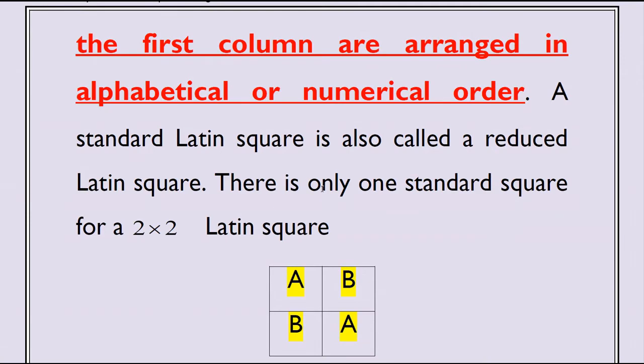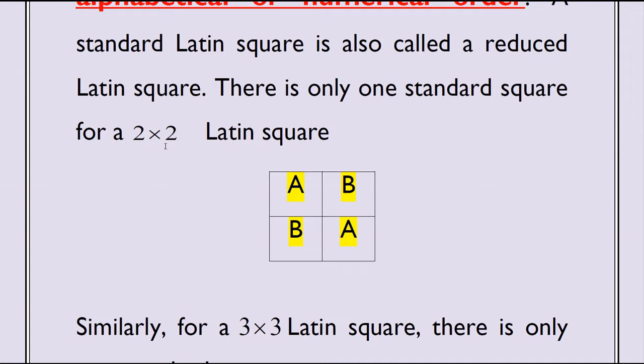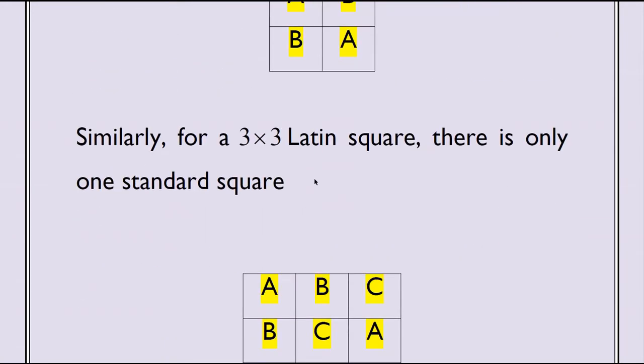Here we can see other examples of Latin square design. This is a 2 by 2 Latin square design in standard form: AB, BA. You can see the first row is in alphabetic order, AB, and the first column is also in alphabetic order, AB. Similarly, for a 3 by 3 Latin square, there is only one standard form. 3 by 3 means the number of treatments is 3.